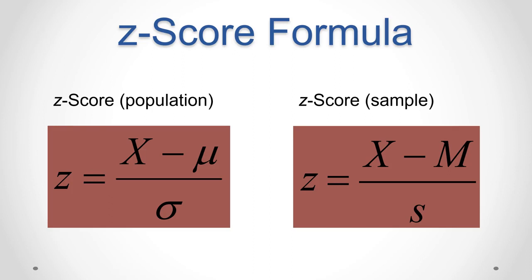Number 2, calculate the z-score. Divide the deviation score by the standard deviation, sigma for population, or S for sample data. So the z-score formula for population is z equals x minus mu divided by sigma. And the z-score formula for sample is z equals x minus M divided by S.